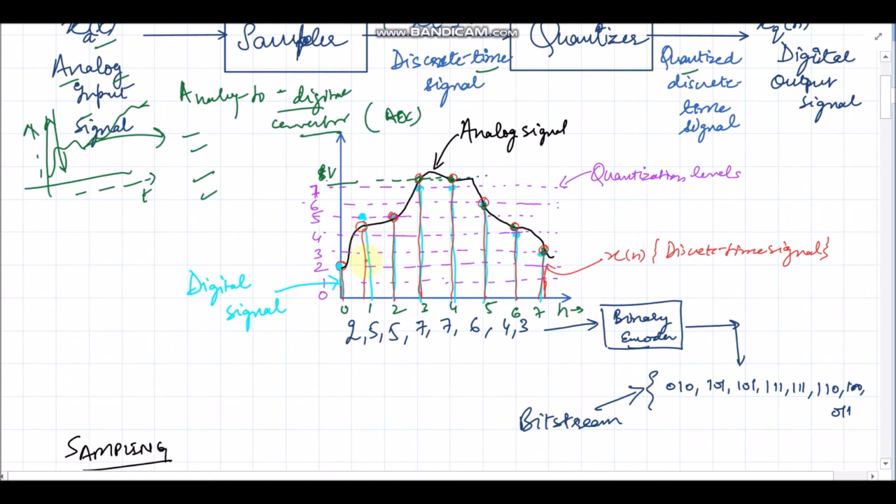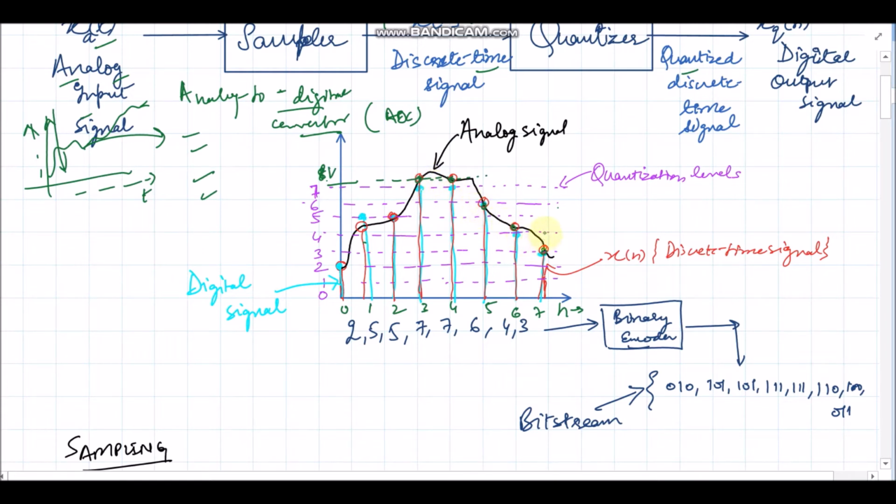Let's say this second sample at instant n equal to 1 has an amplitude of something above 4.5. So it has been mapped to 5. And this third sample at n equal to 2 has an amplitude slightly less than 5, but still it is mapped to quantization level 5. Similarly, this 8 volt sample at n equal to 3 is mapped to quantization level 7.